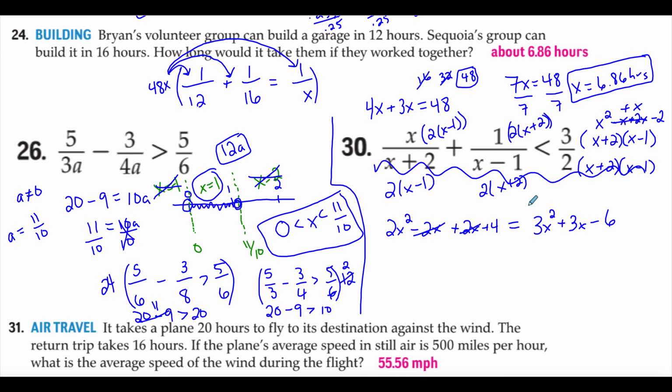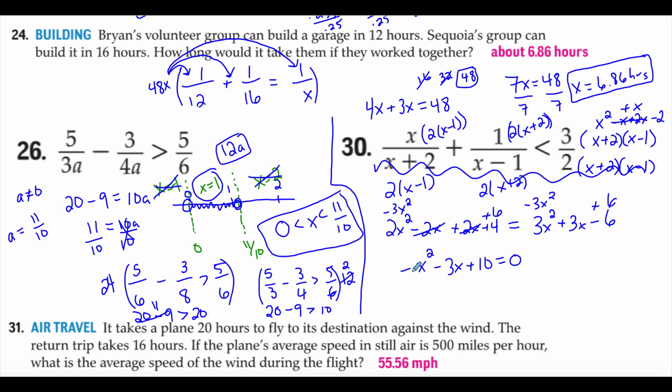All right, so minus 3x squared from both sides. So we'll have a negative x squared. Move the 3x over. And then add the 6 to both sides. So that gets me to a positive 10. Okay, so now we're going to have to factor this.